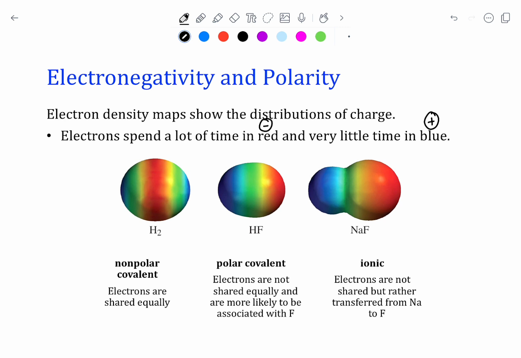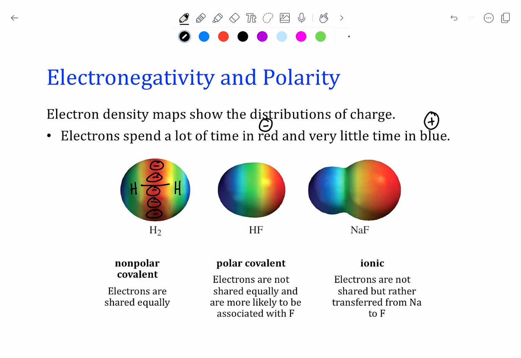So in our first example, we have H2, which is a nonpolar covalent compound. So the electrons are being shared equally. So we see all of the electrons right in the center. Okay, so here's the H, here's the H, the bond is here, and the electrons are shared perfectly in the middle of those two atoms.